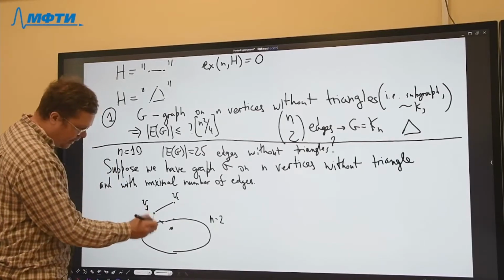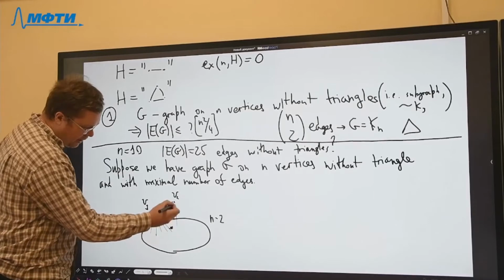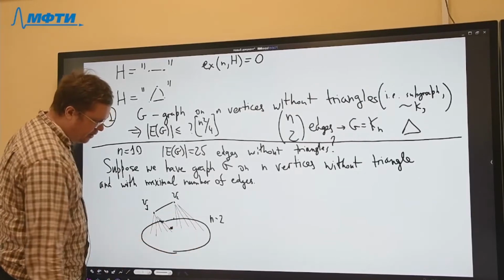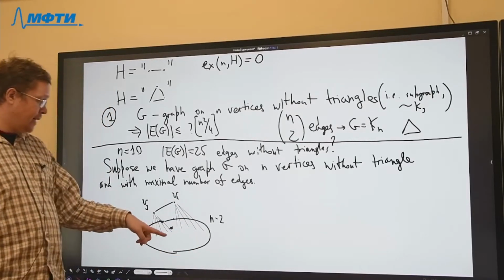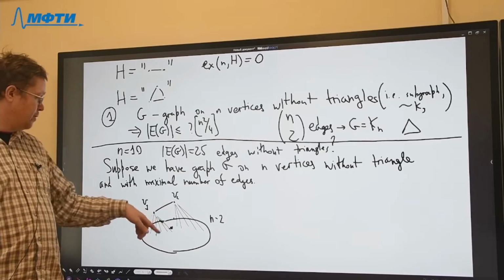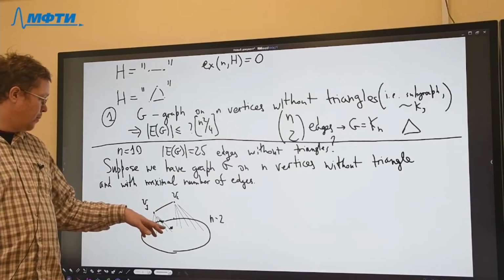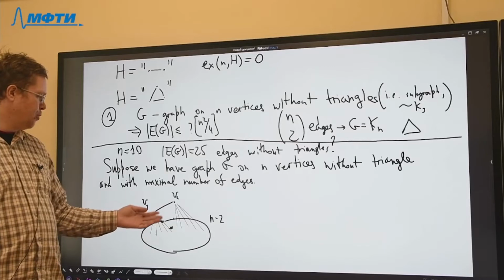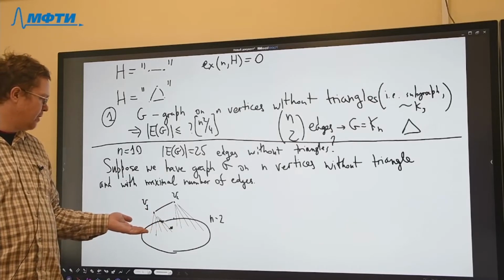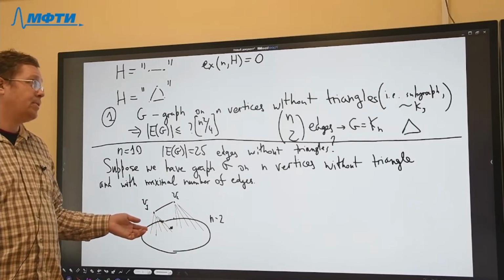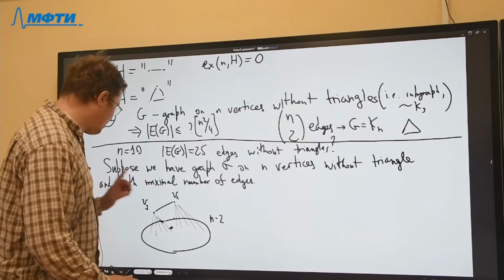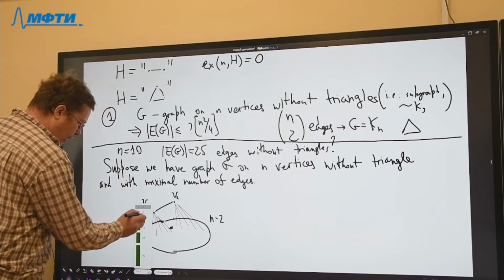So V1 is connected to some vertices here, V2 is connected to some vertices here, and of course, if there are nodes that don't connect to V1 or V2, then we can connect them with V1 or V2, and we don't have any triangles. Yeah, so maybe they have, but now I have a restriction.